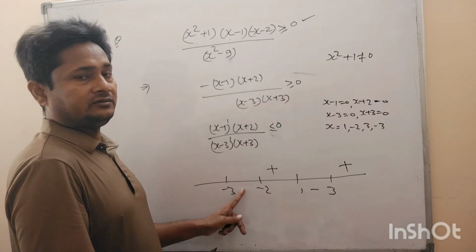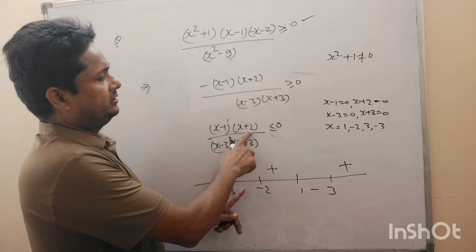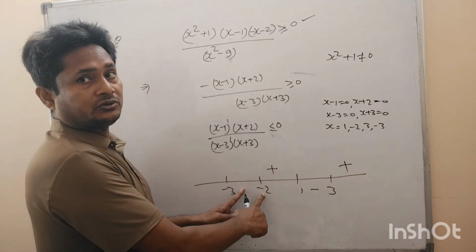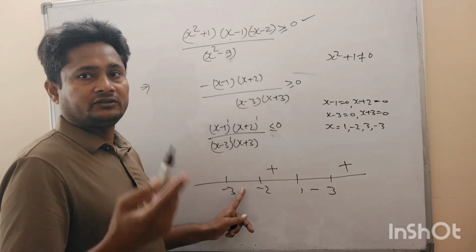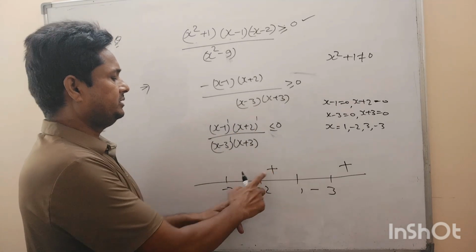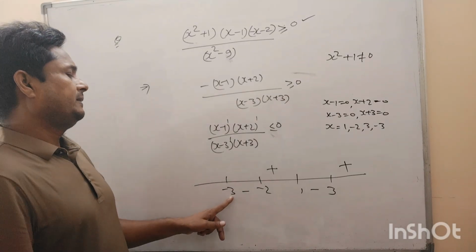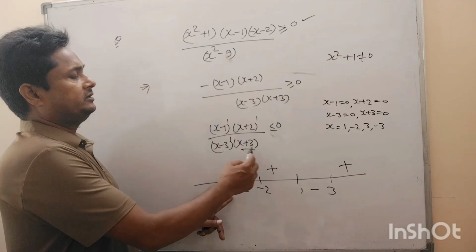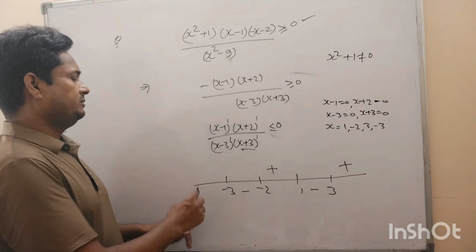Again the sign here you have to make according to the factor x plus 2, because the minus 2 root came from x plus 2. What is the x plus 2 power? 1, that is odd power, so the sign will again change here, plus sign, so make a minus sign here. Minus 3 came from this factor, and this factor has power 1, so it will be what?